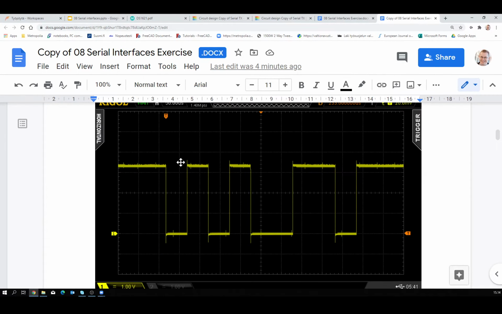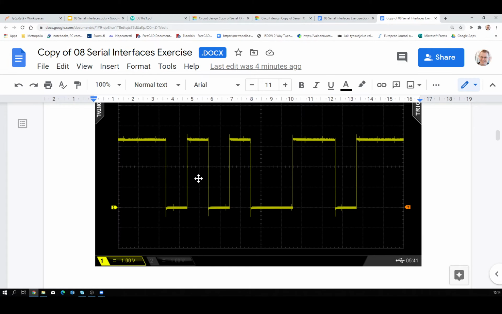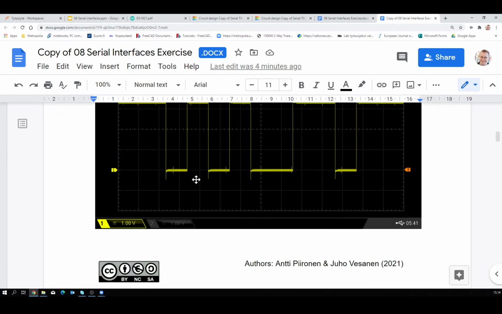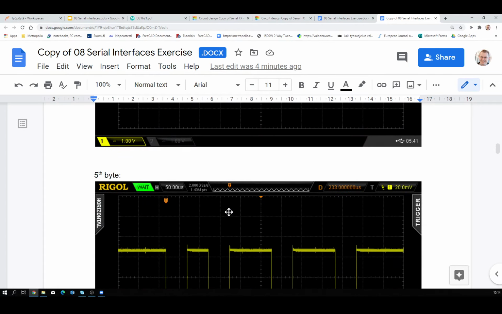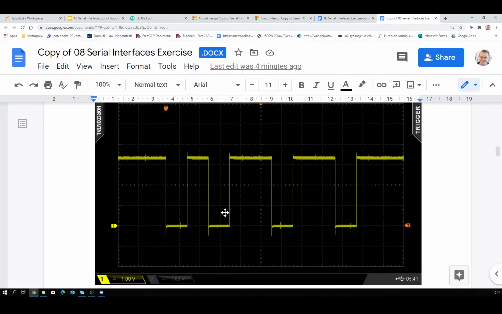Yes, and then we have another one. So decode these 3 values. 4th byte. Okay, good. There are 5 bytes. That's nice, 5 consequent bytes.